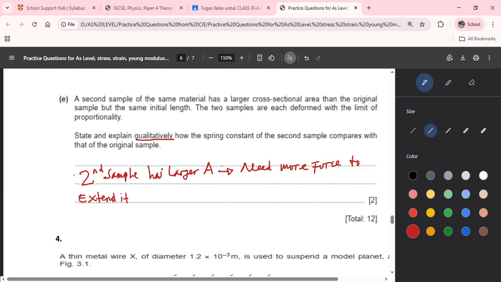When it needs more force to extend it, it means that K, which is the constant, is proportional to the force.